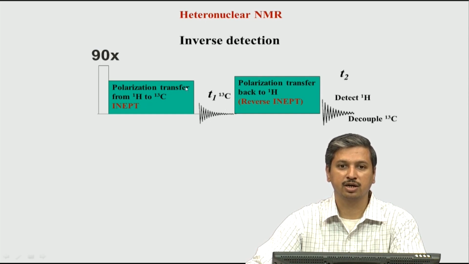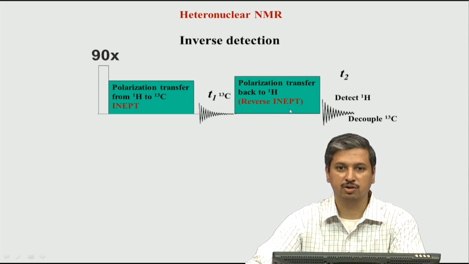So, we are loaning the magnetic polarization to the carbon, which evolves with its chemical shift, then the loan is returned back to the proton. That polarization is transferred back to the proton again using INEPT, but this we call reverse INEPT, which is just the reverse of this.